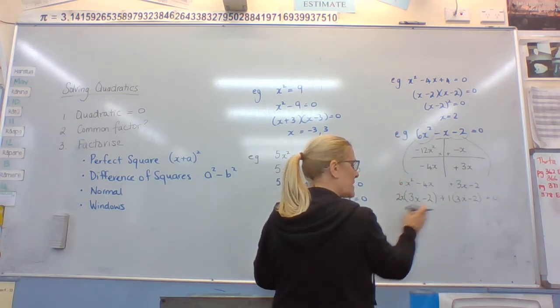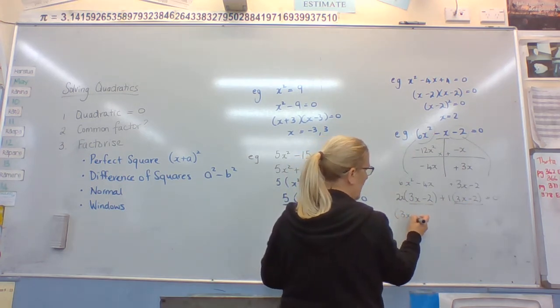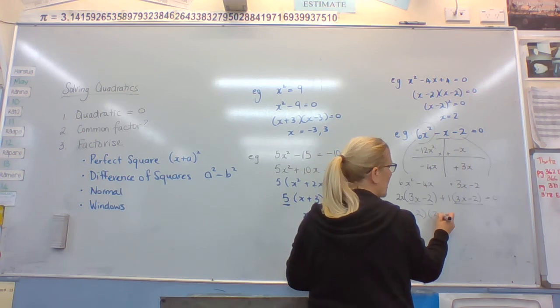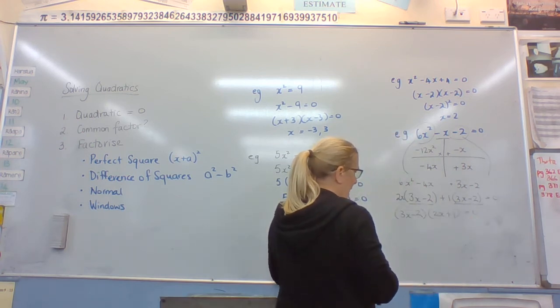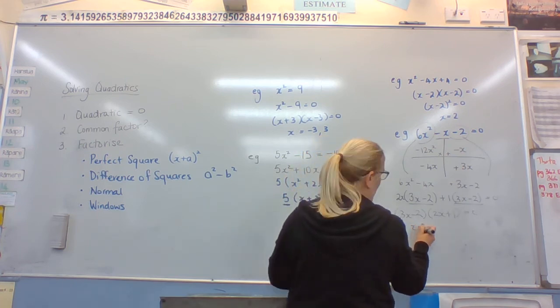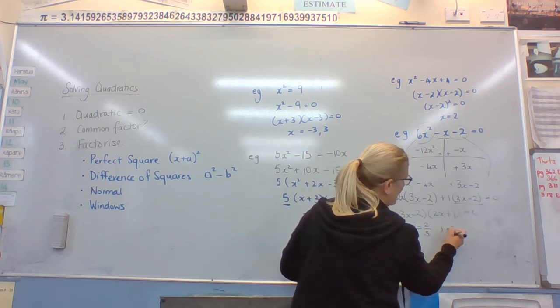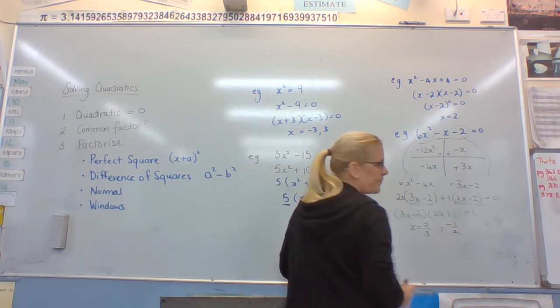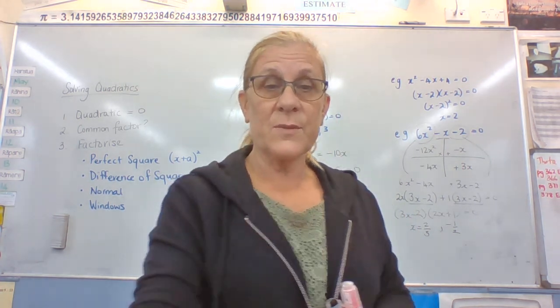And the reason I've written the plus 1 there is because this is a common factor, 3x minus 2, and what's left over goes in a bracket, and we get our answers out of that. Our answers are, remember we divide by the number in front, so 2/3 and negative 1/2. All right, so that's just a bit of revision of quadratics, and you've got some work to do on that.